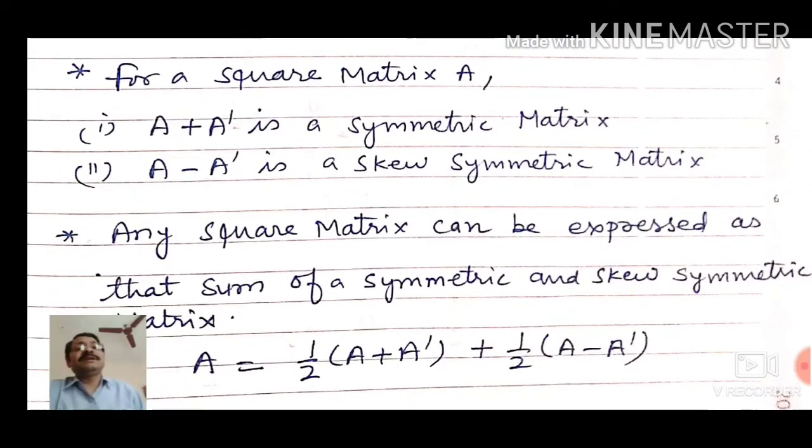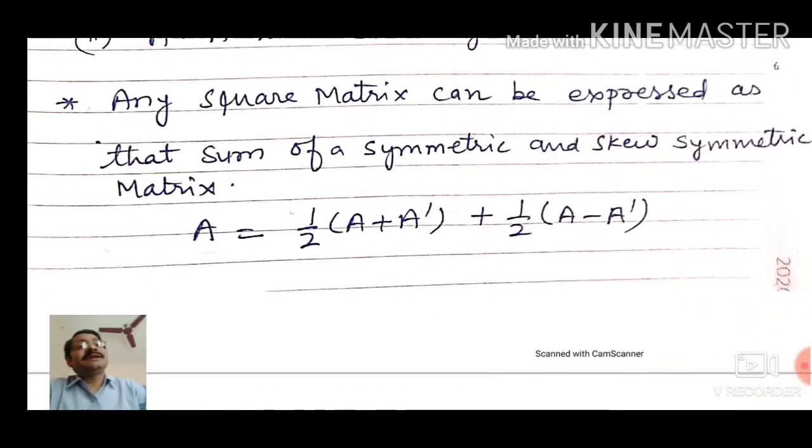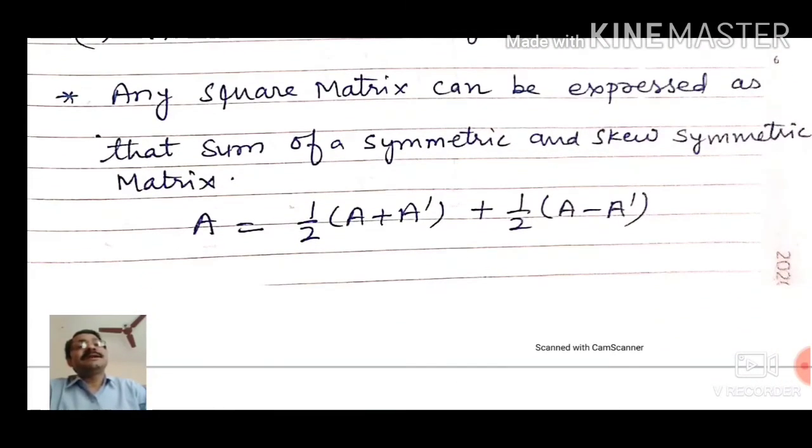For a square matrix, A plus A transpose is always a symmetric matrix. If you have any square matrix and you find A plus A transpose, it will always be symmetric. A minus A transpose is always a skew symmetric matrix. Any square matrix can be expressed as the sum of a symmetric and a skew symmetric matrix. This type of question is very important for your exam.